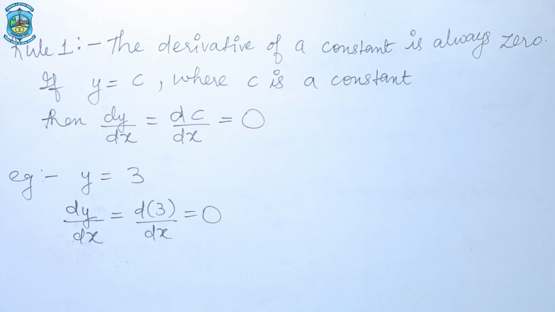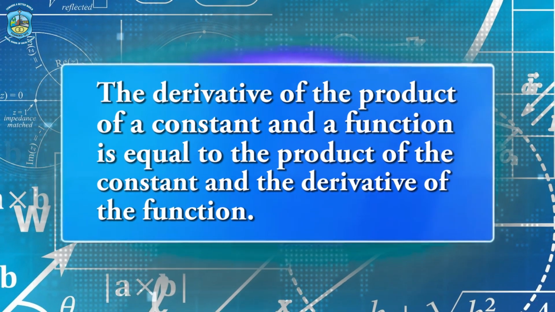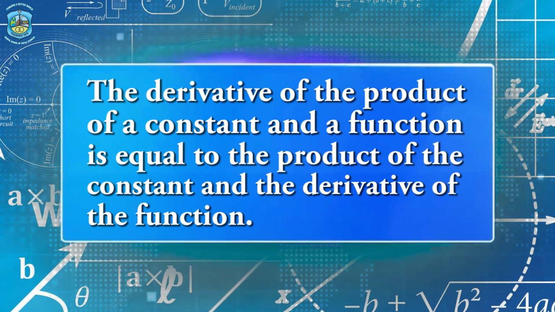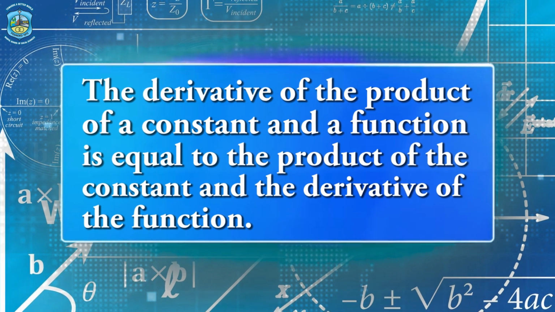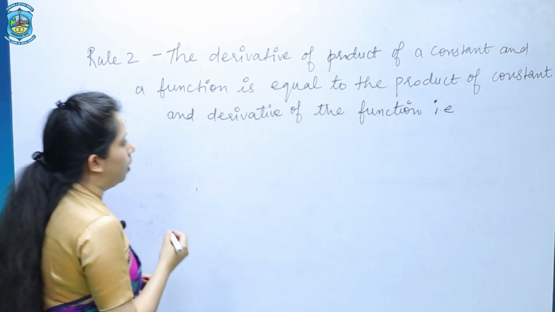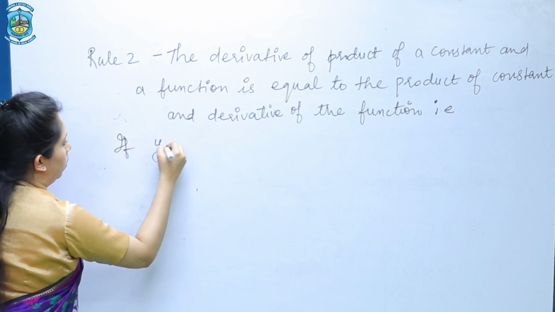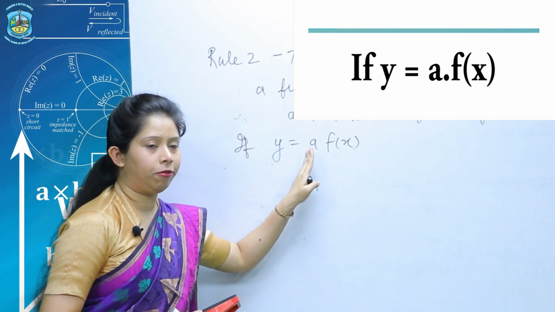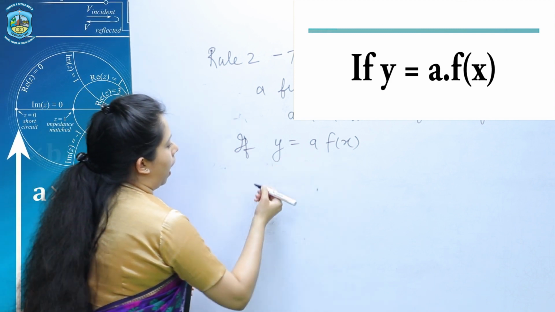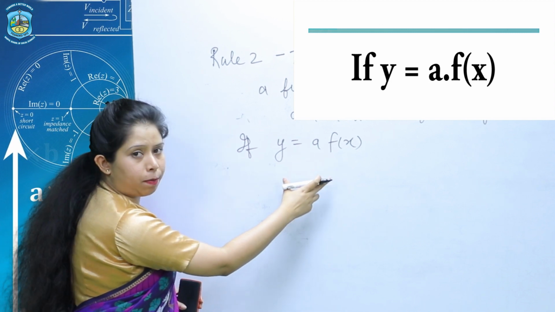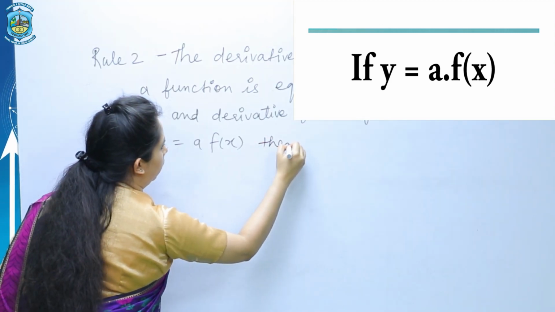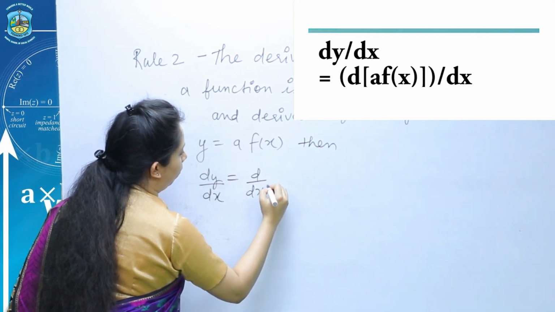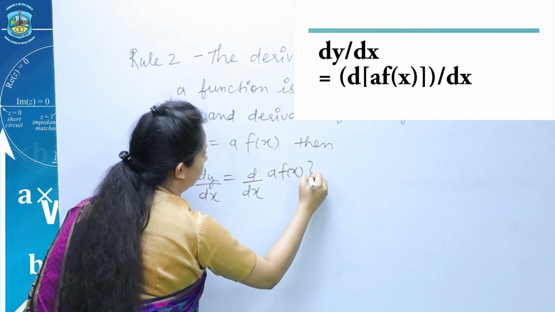Now, moving towards rule number 2, the derivative of the product of a constant and a function is equal to the product of the constant and the derivative of the function. That is, if y is equal to a into f of x, here y is the product of a and f of x, and if we wish to differentiate both sides with respect to x, that will be dy by dx is equal to d by dx of a into f of x.